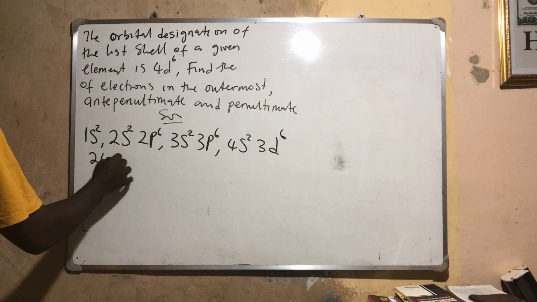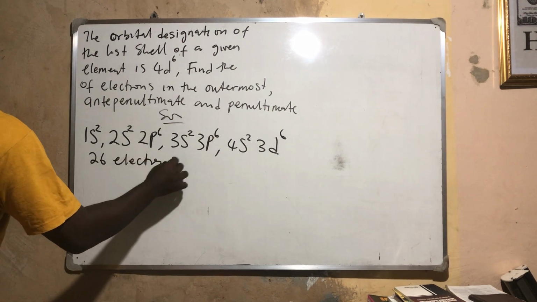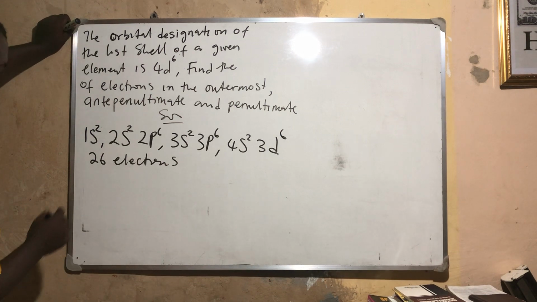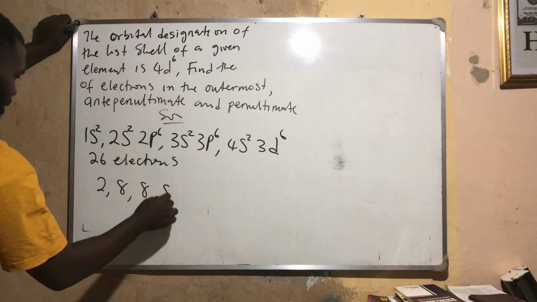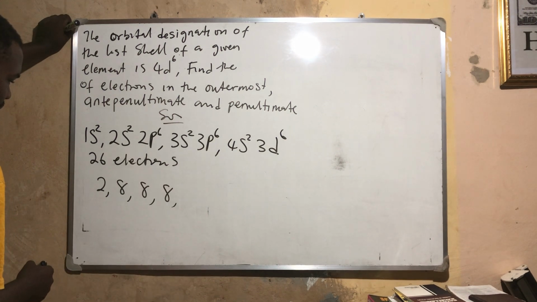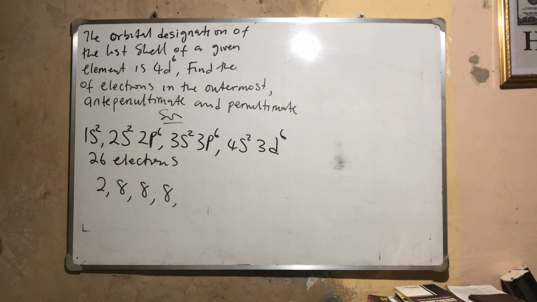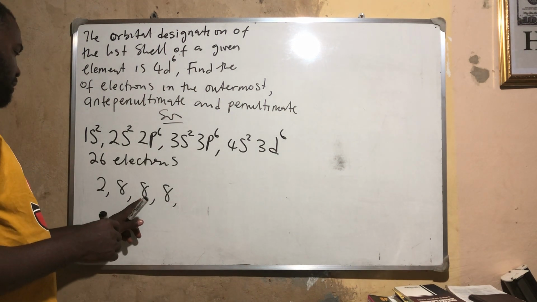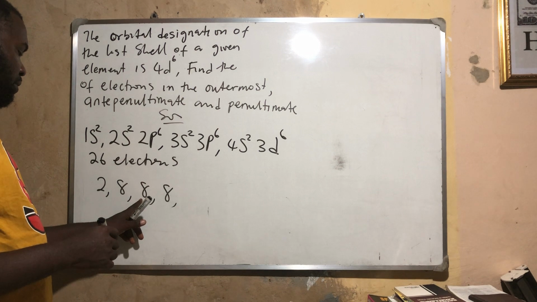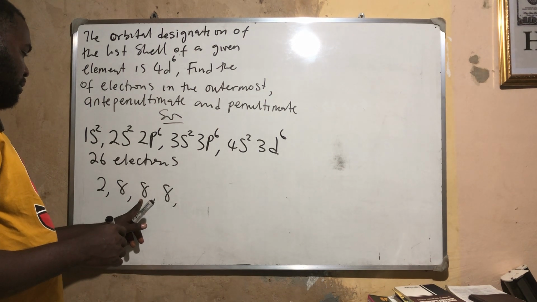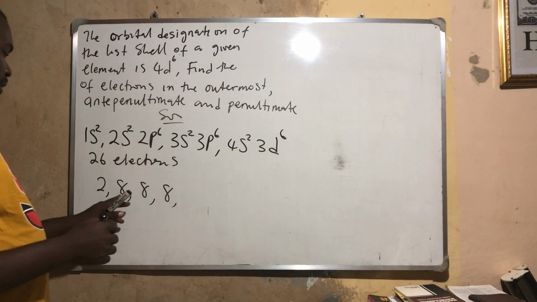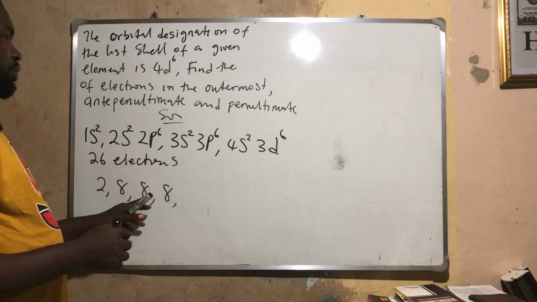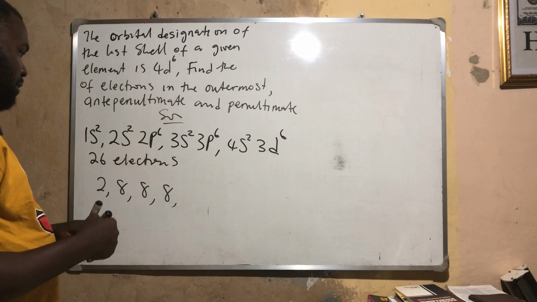So since it has 26 electrons, let us do it in terms of shell. It will now be 2, 8, 8, 8, how many? This is 10, 18, 26, right?